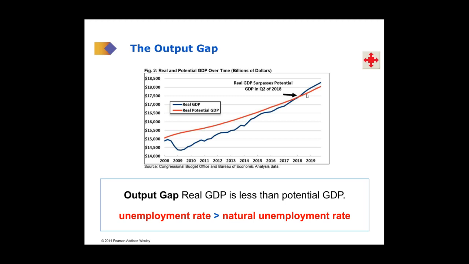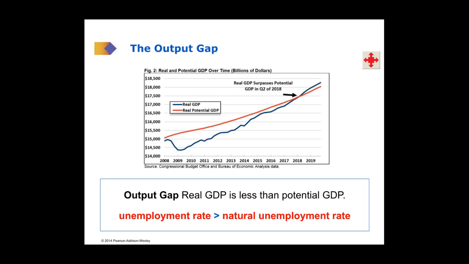Now, ironically, you can see here that the real GDP is above potential GDP. This is in most cases a temporary situation. We can sometimes go above the potential, but we can't stay there because the economy would overheat and we would experience some other things, which we'll get into in subsequent weeks and in a subsequent lecture. But we define the output gap as being a situation where the real GDP is less than potential GDP.